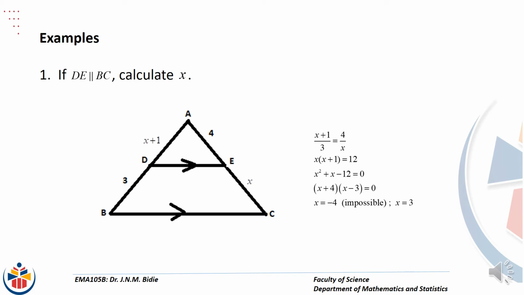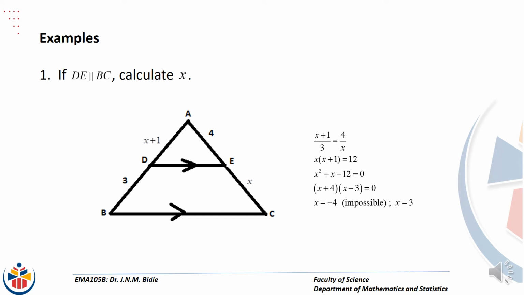So therefore, you may say AD divided by DB is equal to AE divided by EC, or you may say AB divided by AD equal to AC divided by AE, and you'll be able to solve for the problem.